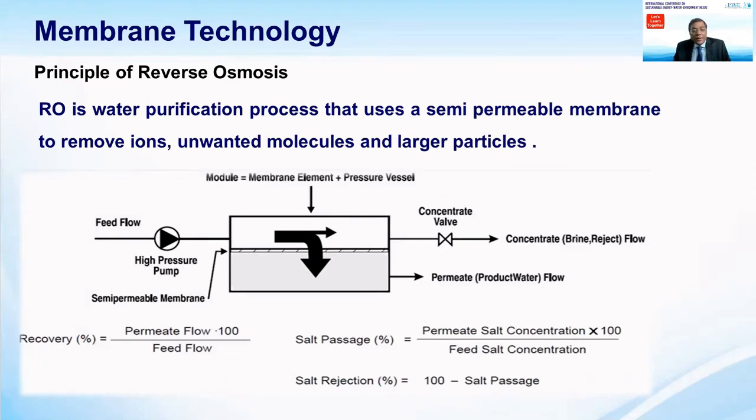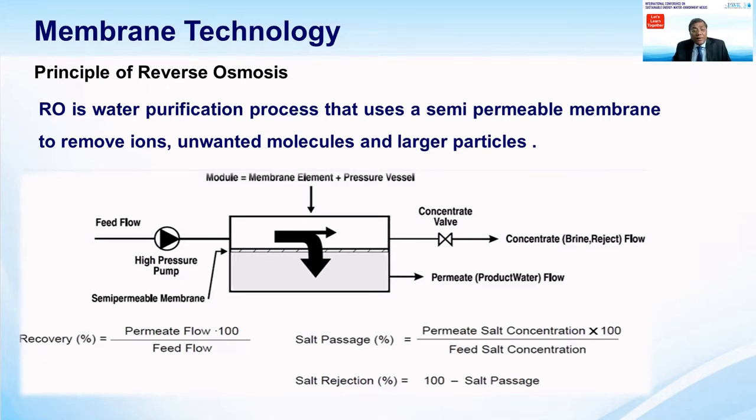And its recovery depends upon the feed water characteristics. First, we have to treat the water to make it fit for feeding to the membranes, because membrane manufacturers provide the data sheets, and they define the feed water condition and the cleaning condition on their data sheets, that these conditions are to be maintained for the smooth operation of the RO plant.